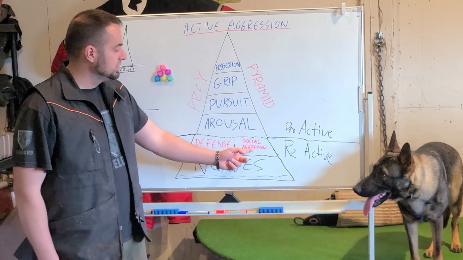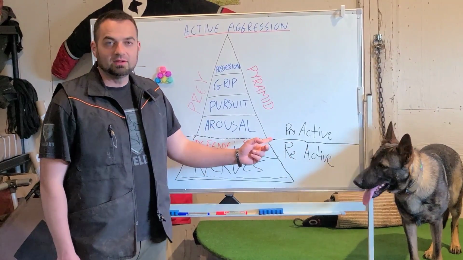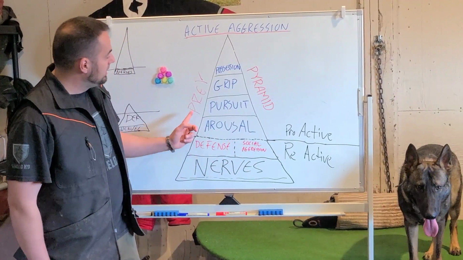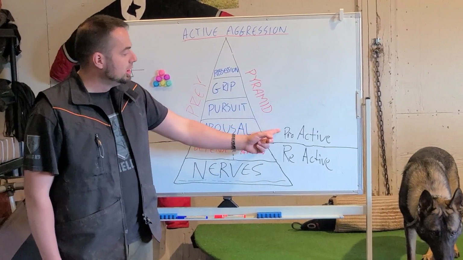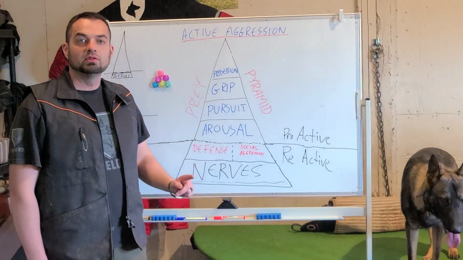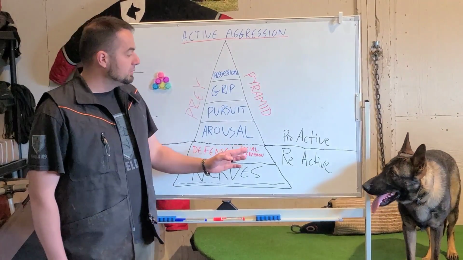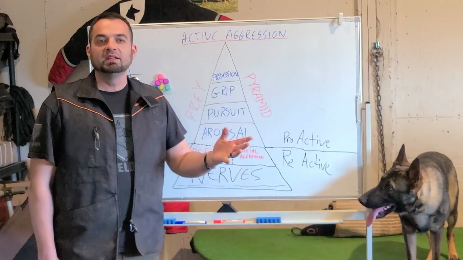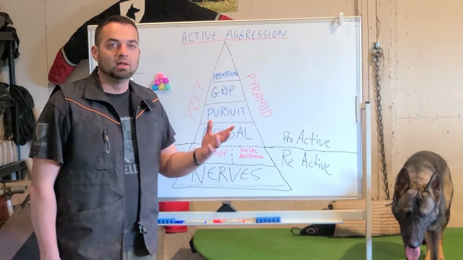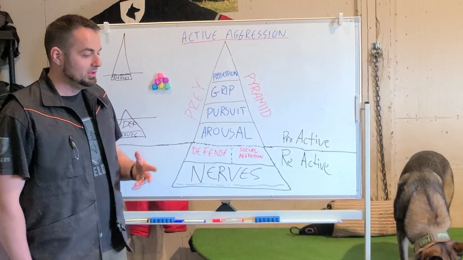For me, social aggression is a primarily reactive behavior. Once we start getting into the prey-based behaviors, prey-based arousal, pursuit, grip, and possession, we're in proactive behaviors. And there's nothing wrong with reactive behaviors, except that they can't be the totality of what the dog is if you want something that's going to be useful and deployable.